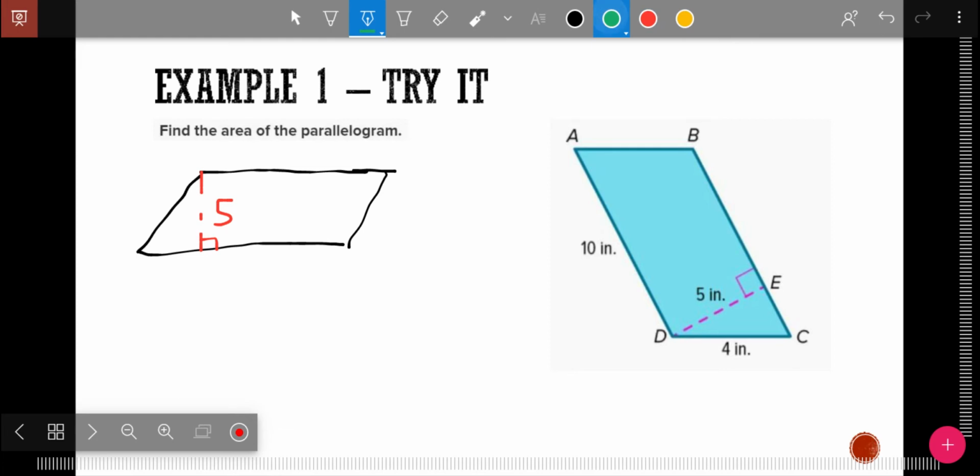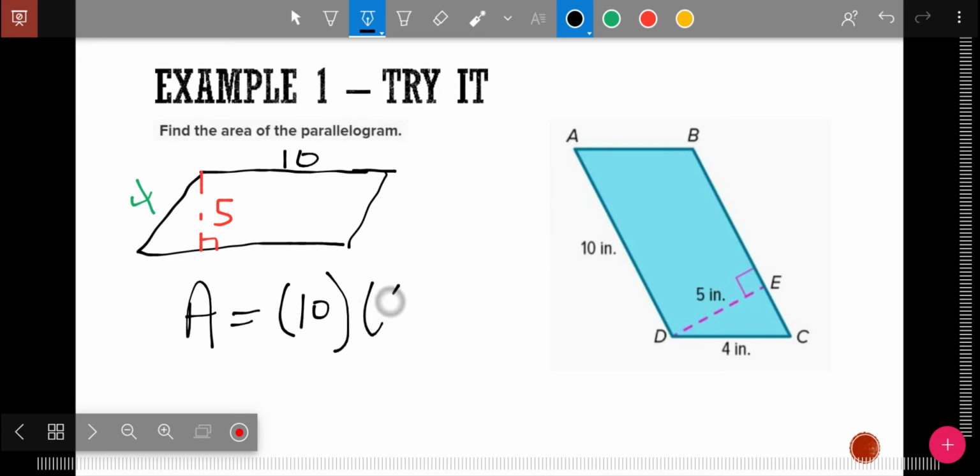This 4 is relatively meaningless. And then the base was 10 up here. So area equals base times height. Base is 10, the top 10, the bottom 10, connected by the height 5. So 50 inches squared.